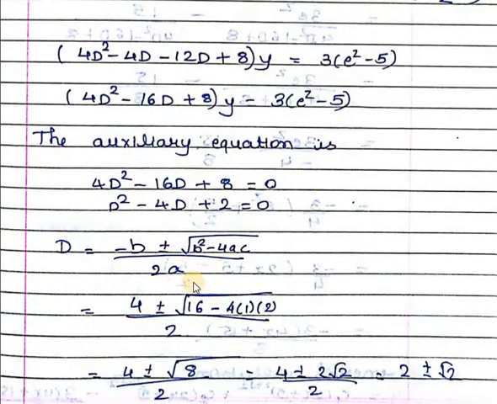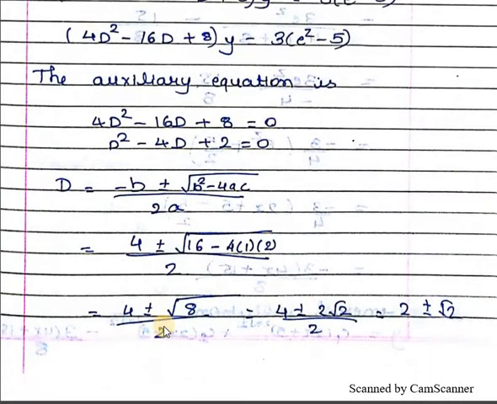Therefore D is equal to 4 ± √(16 − 4 × 1 × 2) divided by 2. So here it will be (4 ± √8)/2, because 16 − 8 is 8.